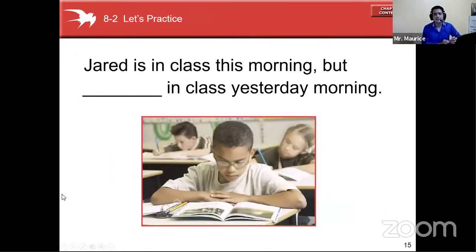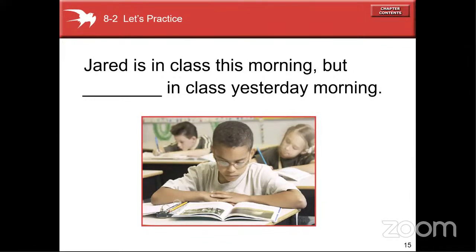Let's practice this one. Who can help me with this activity? Who can help me with this one? Read. Okay, but read the complete sentence, included the answer.